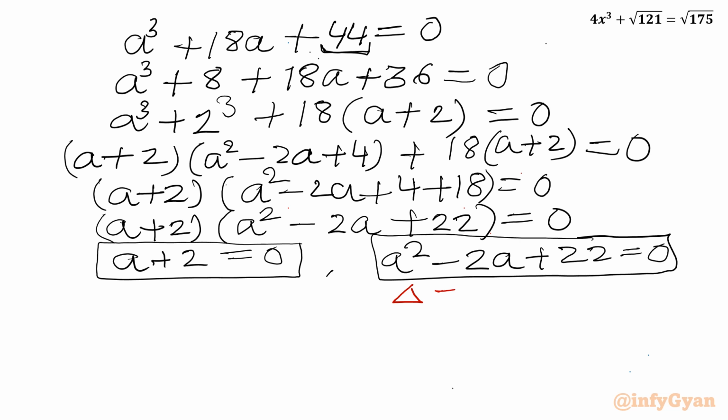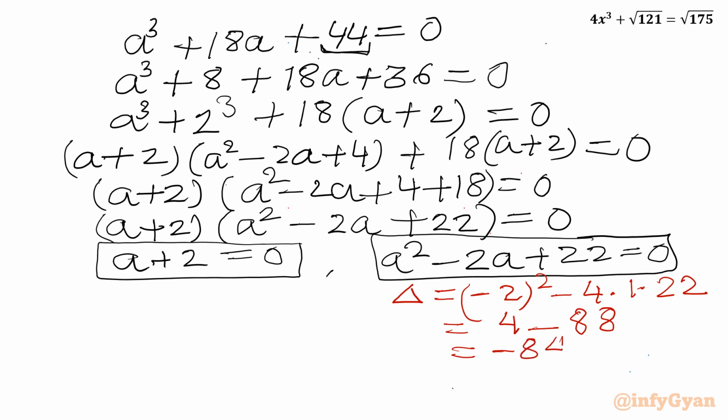It is equal to b square, so minus 2 square, minus 4 times a times c. Value will be 4 minus 88. So this value will come out minus 84. Discriminant is coming out negative. Complex solutions will be there. So rejected.